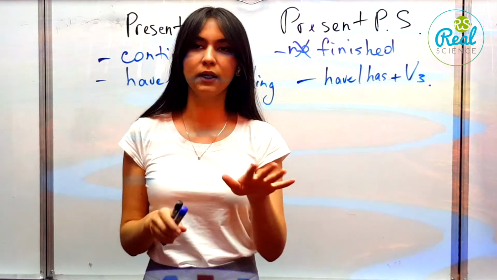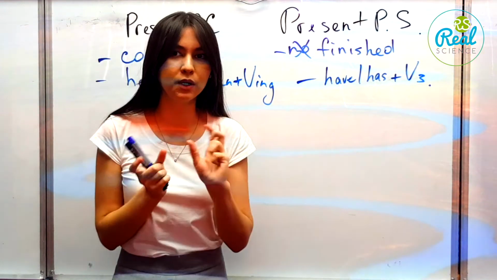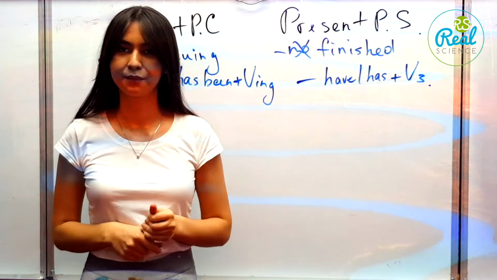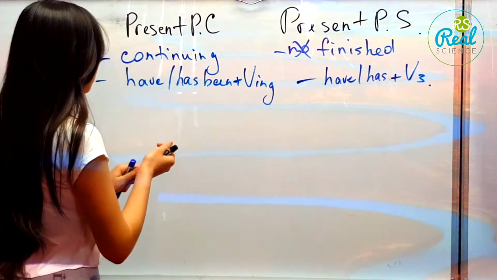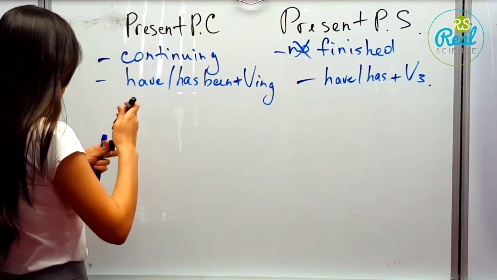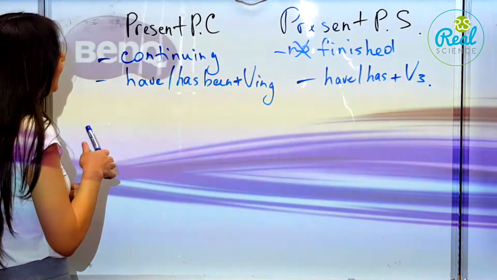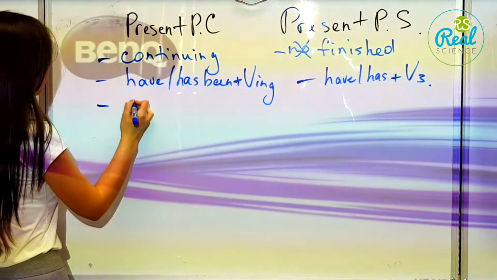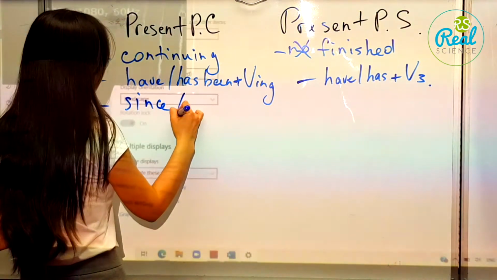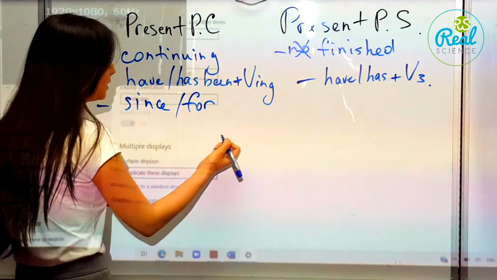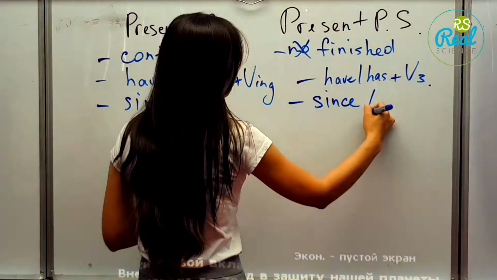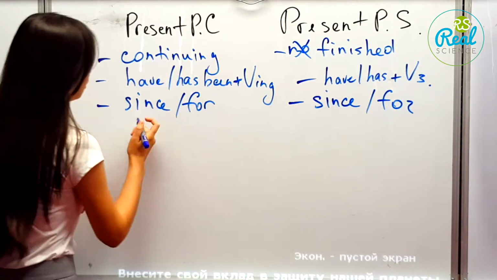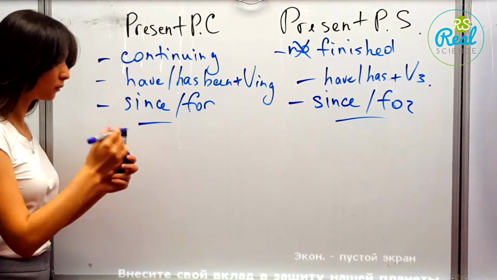What other difference do we have? We have a difference between time expressions. We have since and for for this one. You can use since and for for present perfect simple also, so you can use both for both of them.